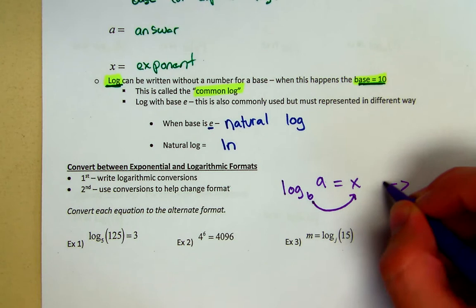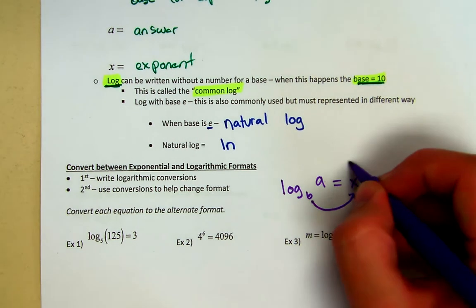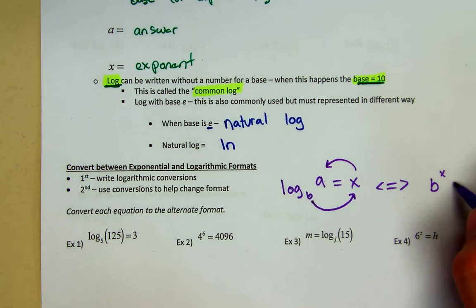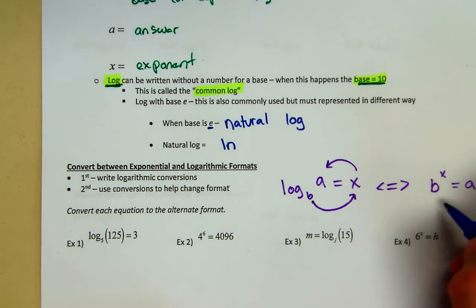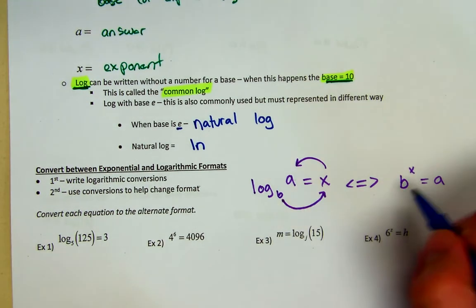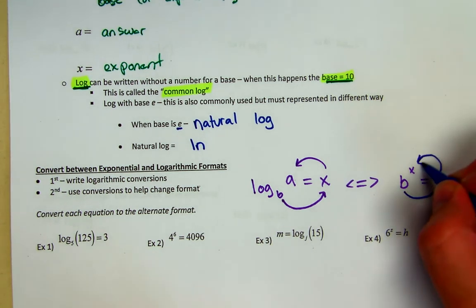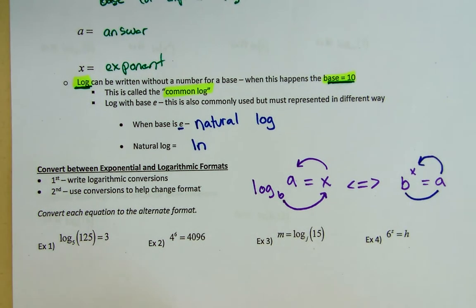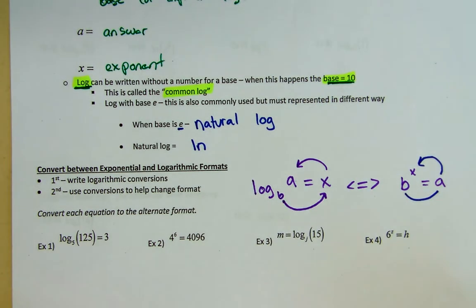So let's flip here. Base to an exponent is the answer. And flipping the other way, we're going to start with a log base b of some number is equal to the exponent. So that's the way I think about changing these, rotating around.